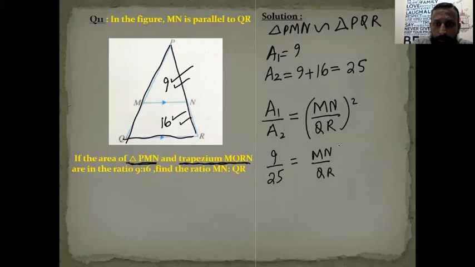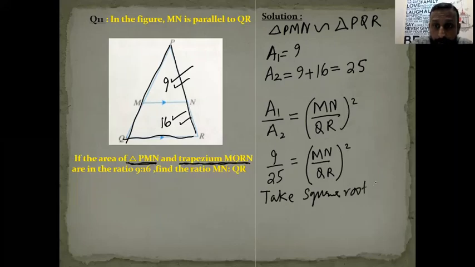Now, dear students, if you look at these two fractions, 9 upon 25 equals MN upon QR whole square. Can't you see that both sides are exactly perfect squares? 9 is a perfect square, 25 is a perfect square, and this side contains a square on top. So you can simplify it by taking square roots on the 2 sides.